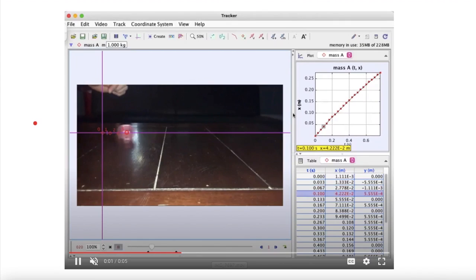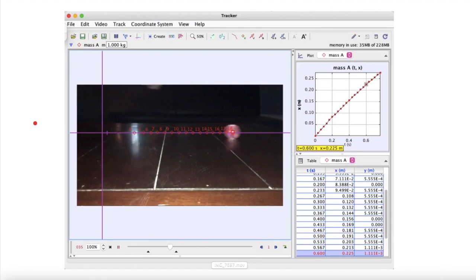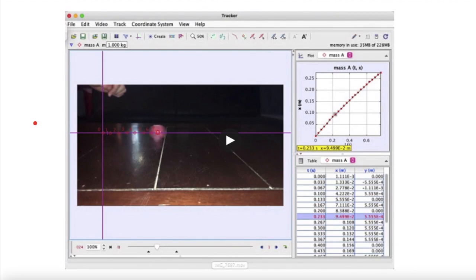Running the object in Tracker, it records the position of the ball as it moves through time and gives us a table with our movements and a graph of the position versus the time.